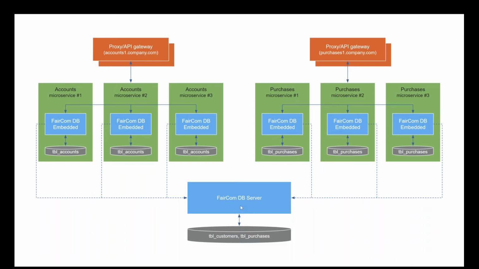I really like this model because I could handle failure almost anywhere. If any one of my microservices fails, it's not really a problem, right? I still have the other instances running. I'm still having data replicated to that backend database. And in my example, I split it up a little bit farther.